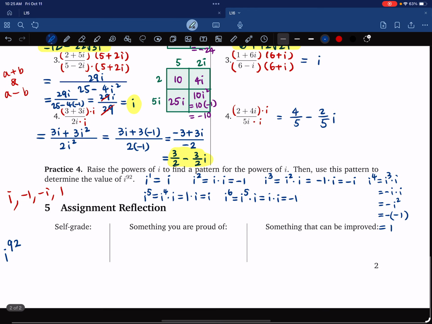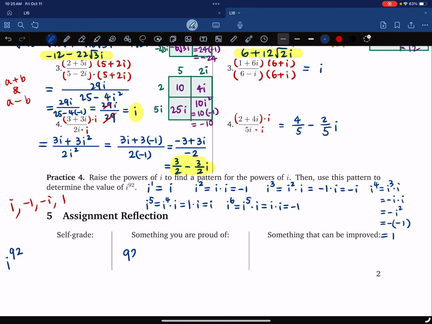All you need to do is a simple division of 92 divided by 4, because each cycle includes 4 powers. I want to see how many cycles are there in i to the 92. Let's divide by 2, and this number is actually divisible. If you divide it by 2, you get 2, that's 8, and then 12, that's 3.